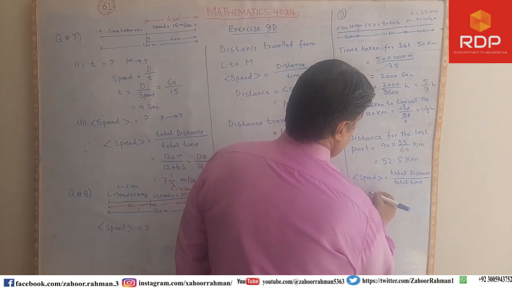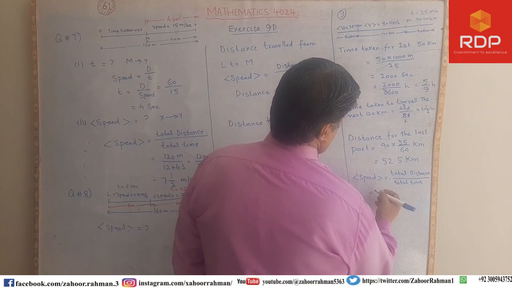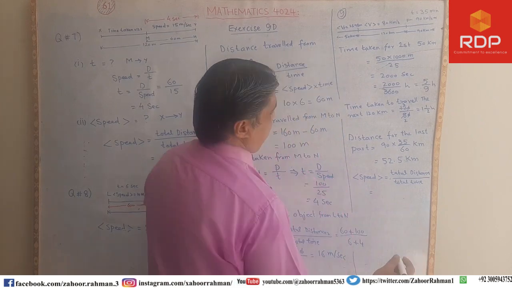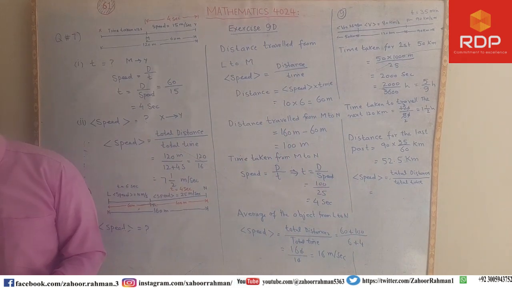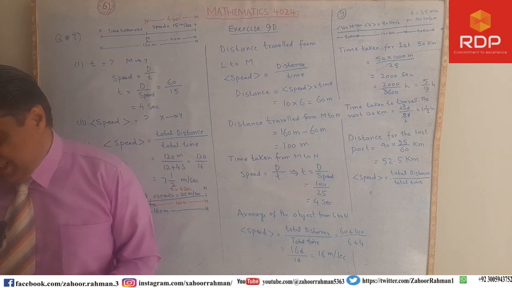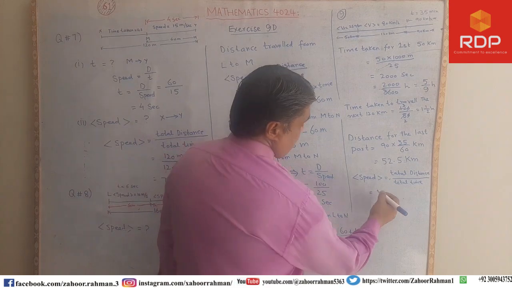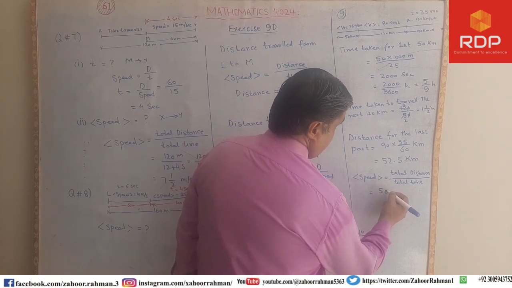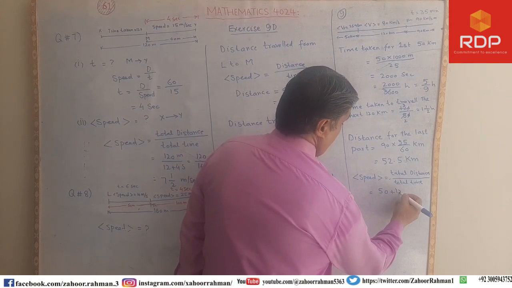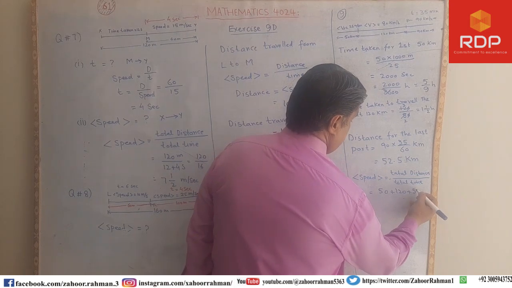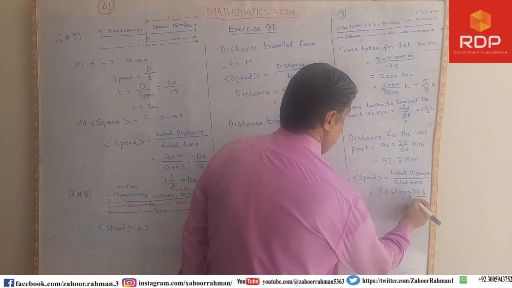The total distance is 50 plus 120 plus 52.5.